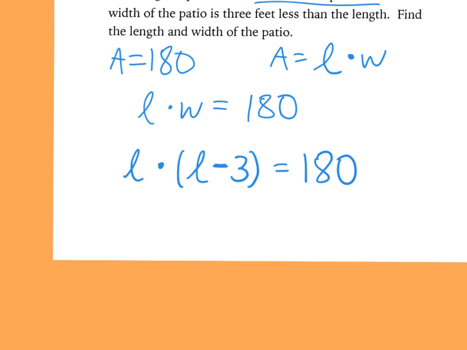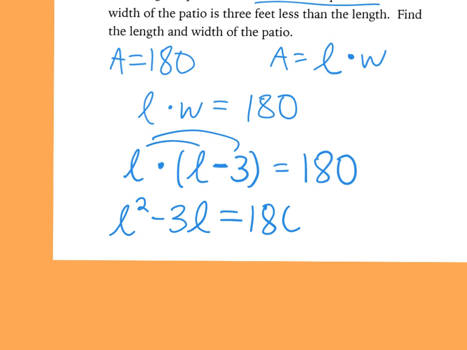You with me? Okay. I would then need to FOIL this out. So I'd have L squared. You could have made those X's too if you like to use X better than that. L squared minus 3L equals 180. I need to subtract the 180 over.